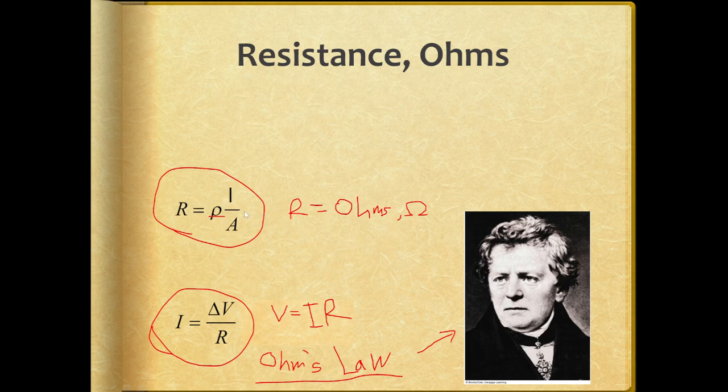If you had some length of copper wire, you could figure out its electrical resistance by looking up the value of copper, multiplying that by its length in meters, divided by its cross-sectional surface area in meters squared. Which, again, if you were doing that for a round wire, the cross-sectional area would be the area of this circle right here.